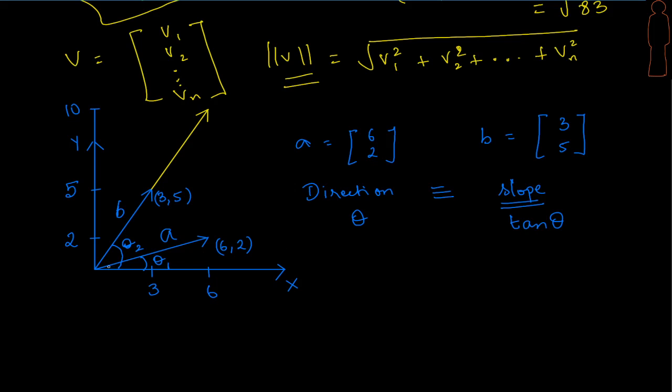Let's look at this specific vector A. Okay, what it says is, when it moves 6 steps away, it rises by 2 steps, right? So here is a beautiful way to look at slope.